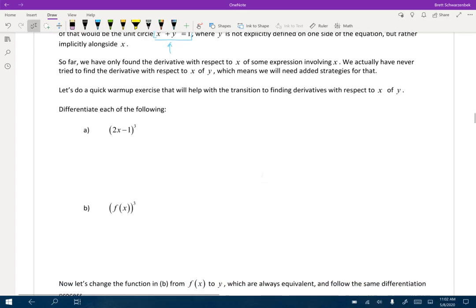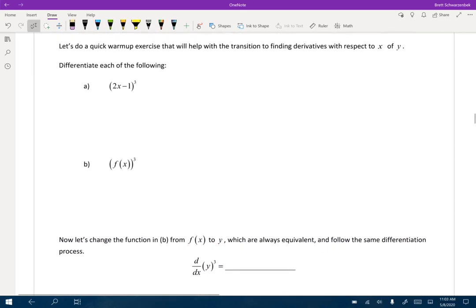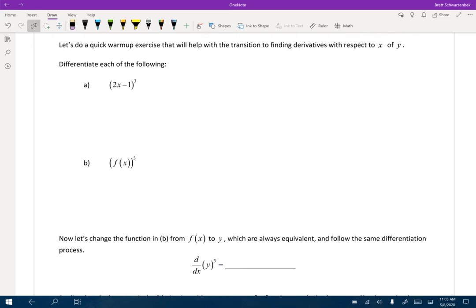Before we get there, though, I'm going to gently coast our way into how to find that exact derivative. So for example, let's go back to something we know already. We need to differentiate the following. Letter A, 2x minus 1 cubed.